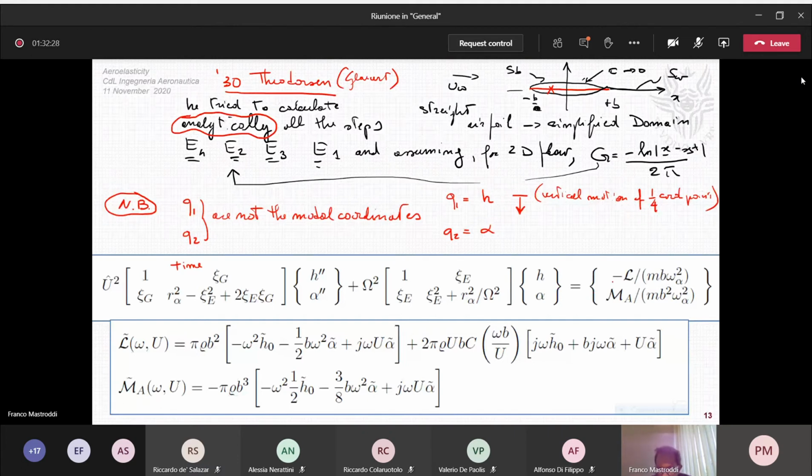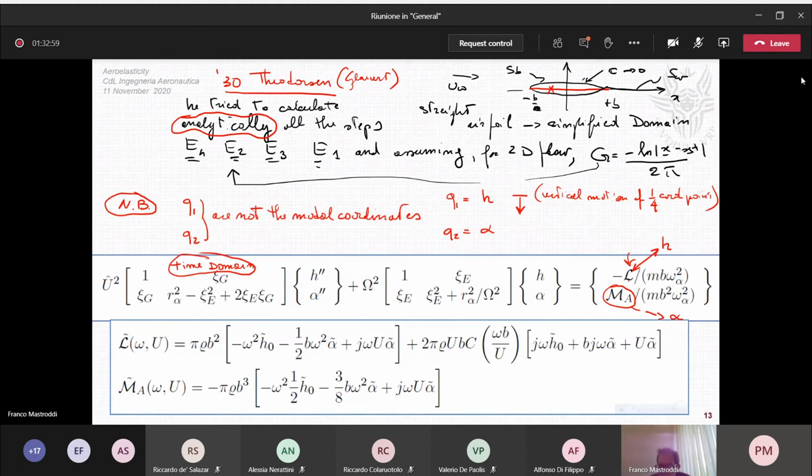Look here. This is the equation of motion in time domain. You have your dimensional lift per unit length, which corresponds to h. This is the Lagrangian variable corresponding to the heave motion, and here you have the aerodynamic moment, which is the corresponding Lagrange variable to the pitch degree of freedom.